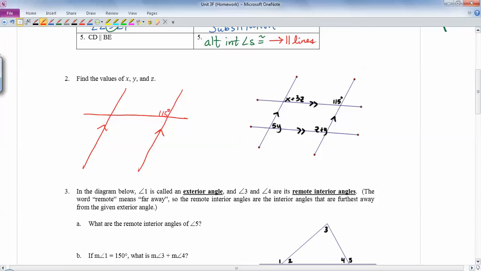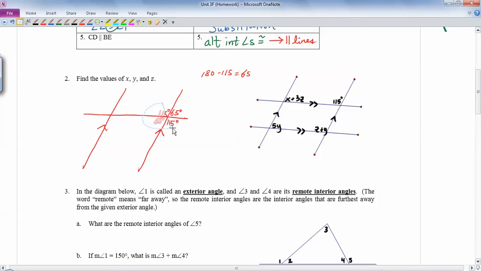Okay, so we can figure out a lot of things from just the 115. Like, for example, this vertical angle would have to be 115 degrees. The angle next to it, let's see, 180 minus 115 is going to be 65. So this angle's got to be 65, and this angle's got to be 65.